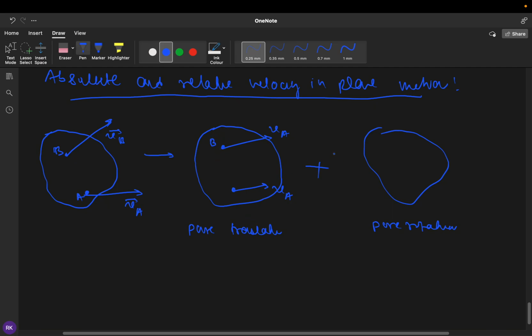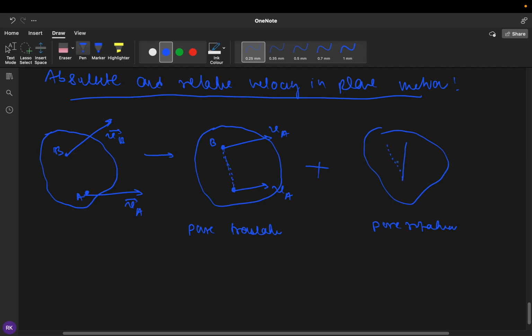Now you can see that if there was a pure rotation, then definitely the orientation of this line might have changed.